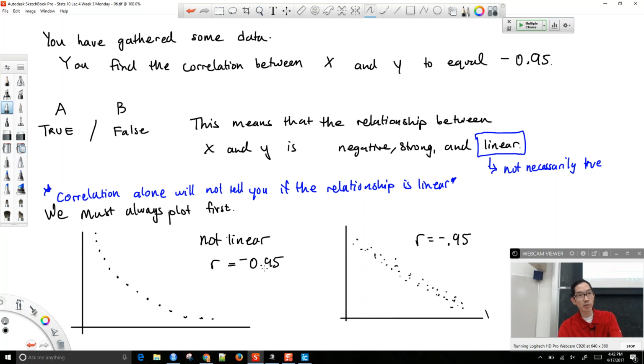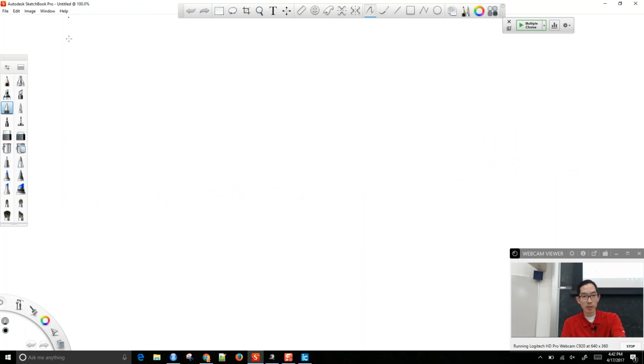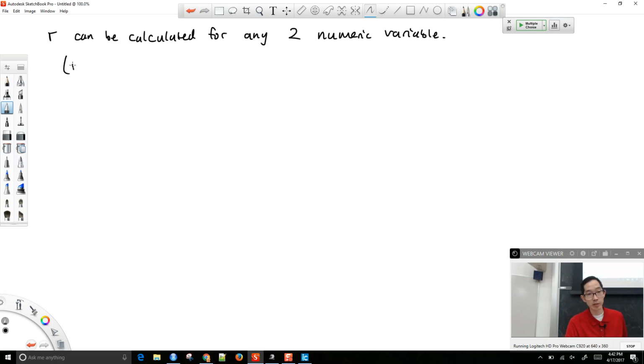But again, the interpretation only makes sense if the relationship is linear. And let me just also say, we will not learn how to calculate R by hand.